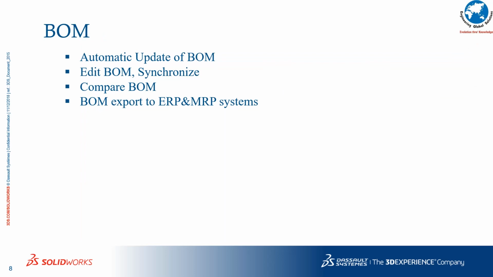Next, coming to the BOM, which is the heart of smart manufacturing. SolidWorks PDM provides automatic update of BOM and synchronization of BOM and easy comparison of BOM, and you can export BOM to ERP and MRP systems. You have already seen about the synchronization and automatic update of BOM. Let's see how BOM will compare data.